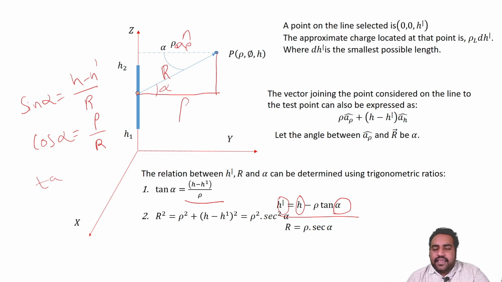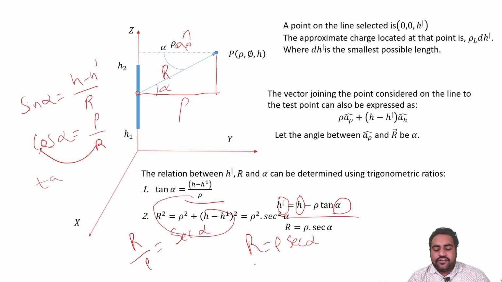Again, from this expression, r by rho is nothing but secant alpha. So r equals rho secant alpha. I need not go through this entire thing. I can also directly write this. But the end result is r equals rho secant alpha.